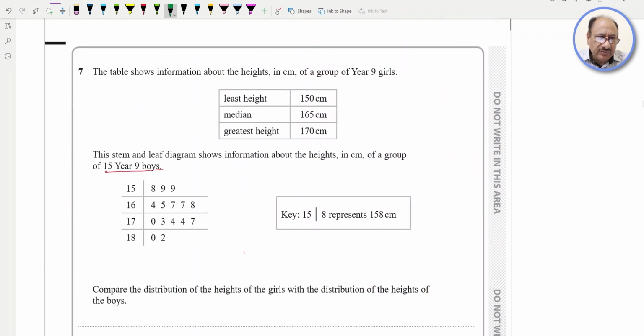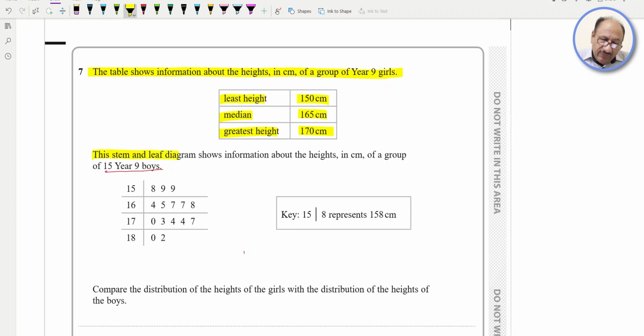Question number 7 says the table shows information about the height in centimeters of a group of 9 girls, and this is the table. Least height is provided, 150 centimeters, median is this one, greatest height is this one, 170 centimeters.